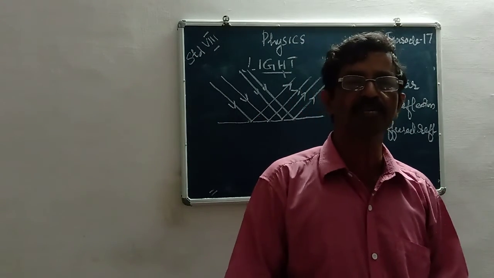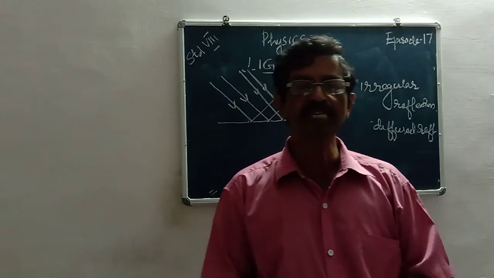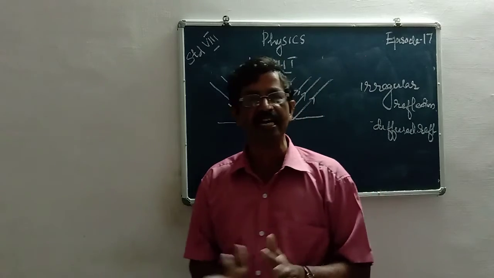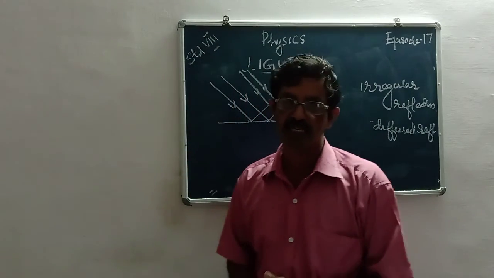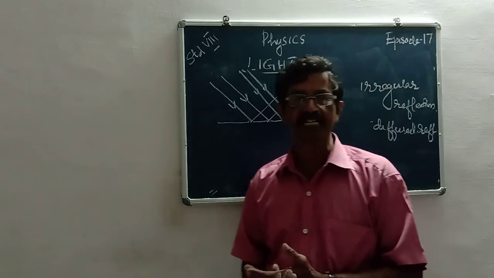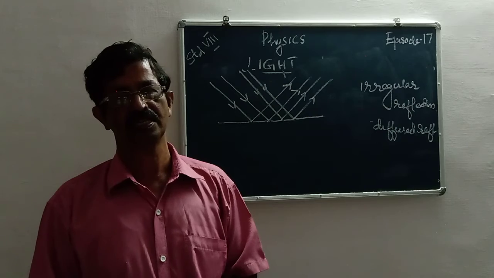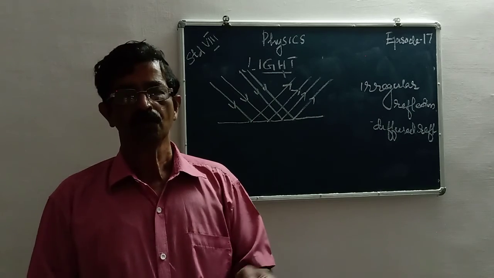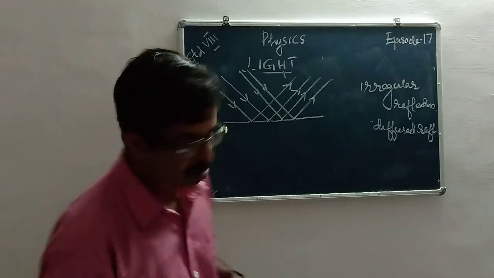We discussed what light actually is. Light is an electromagnetic radiation which helps us to see objects. Then, what are the two laws of reflection?